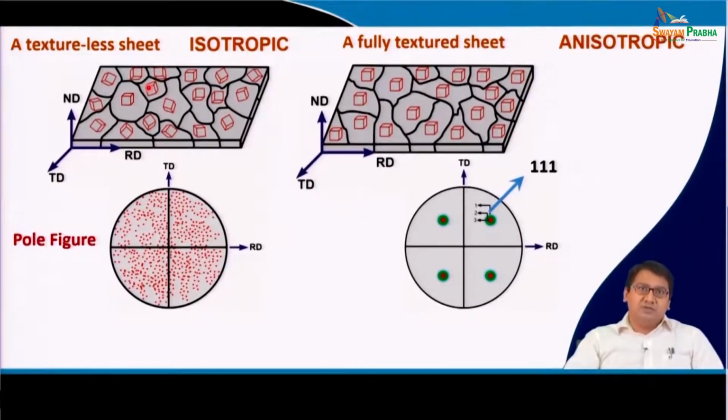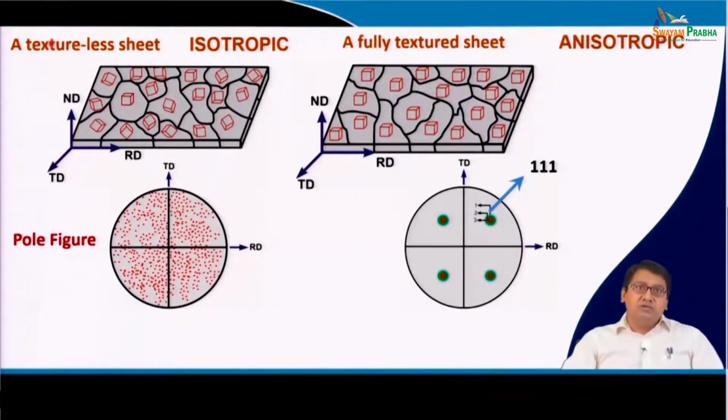So, if there are millions and millions of grains in a sheet metal, then none of the grains, or no accumulation of many grains, has a certain orientation which gives an orientation peak.